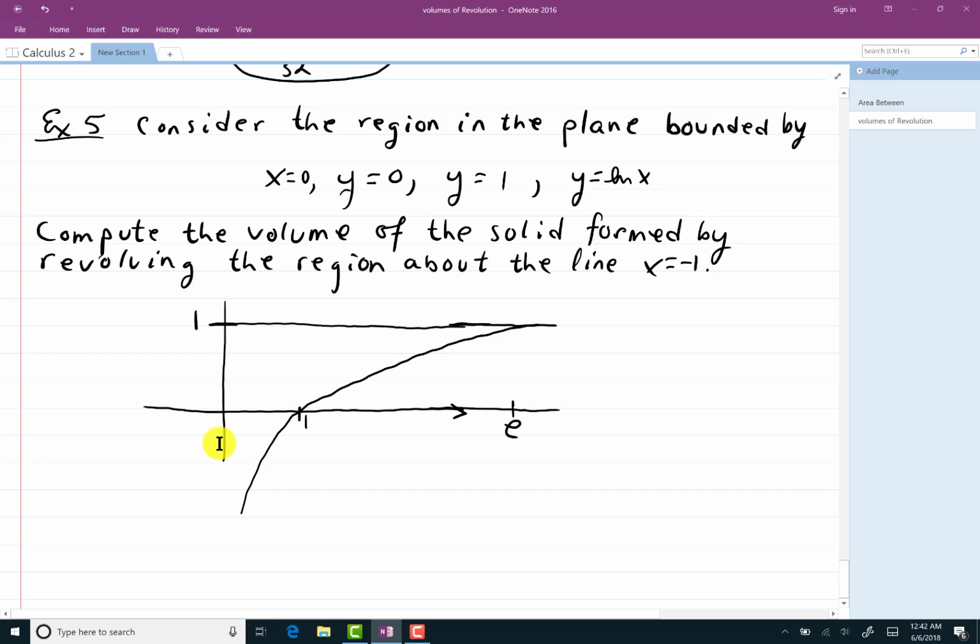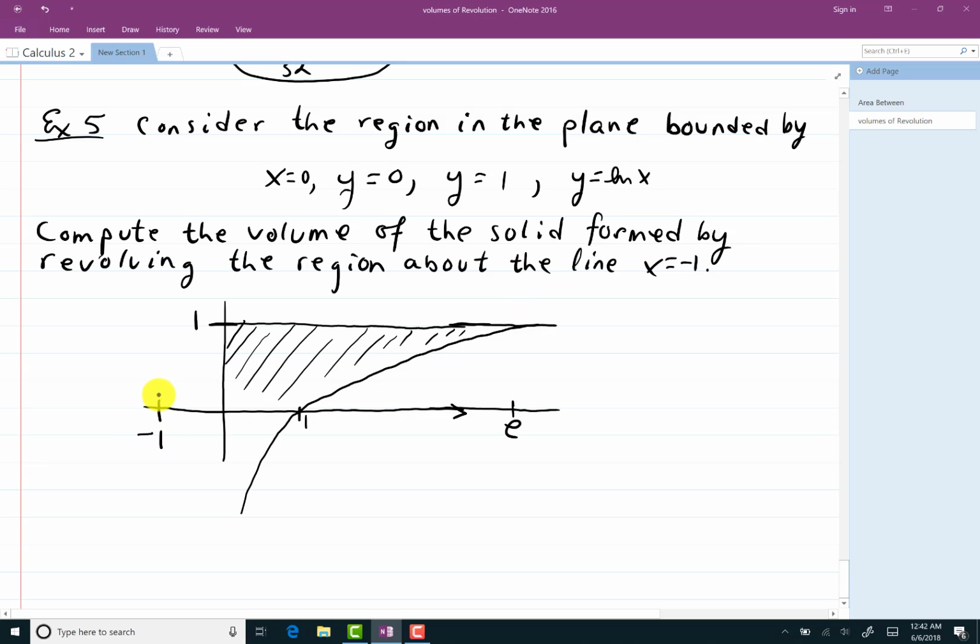So I'm between here, here, here, and here. Hopefully you'll see that that forces the region to be here. So there's my region. Now we want to rotate this about the line x equals -1.